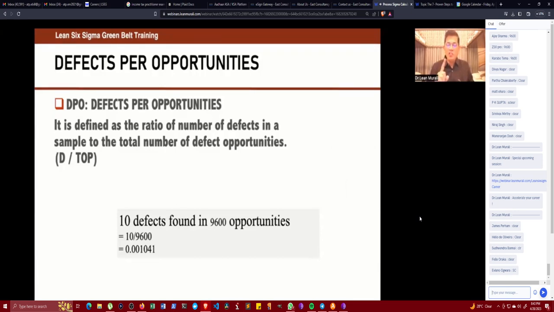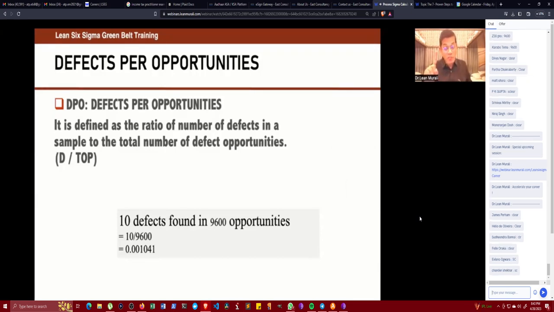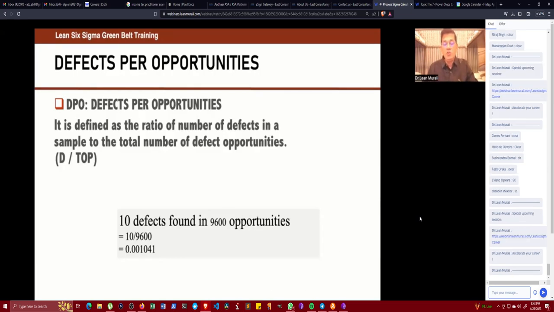We said 10 defects, and each of the 1,200 invoices has 8 opportunities, so 8 into 1,200 was 9,600, the total number of opportunities. We found 10 defects in the invoice, and hence it is 0.001041.